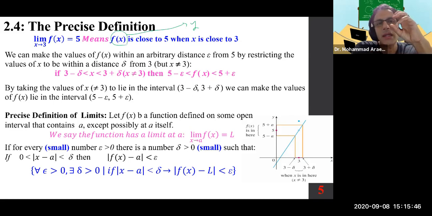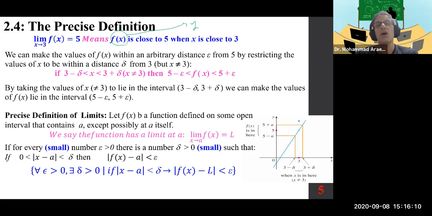If you come up with a small number epsilon, then there's a small number delta, both of them small, such that if the absolute value of x minus a is between 0 and delta, or it's just less than delta, that means the distance from a is less than delta, then the absolute value of f of x minus L is less than epsilon.